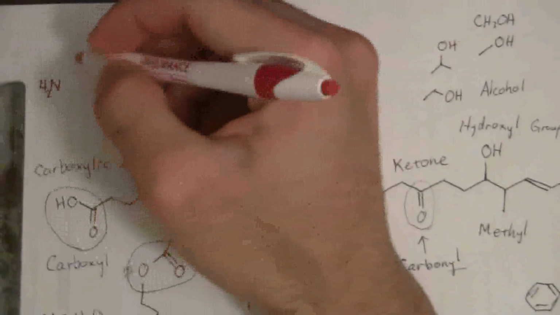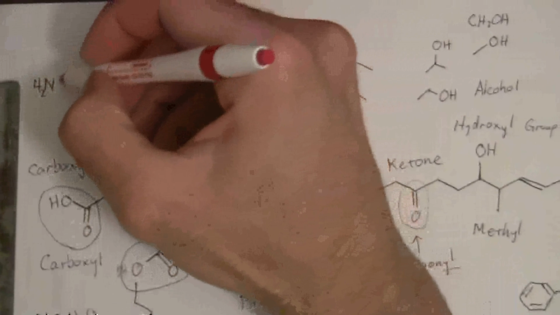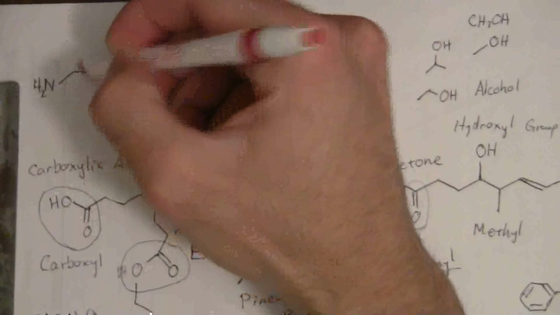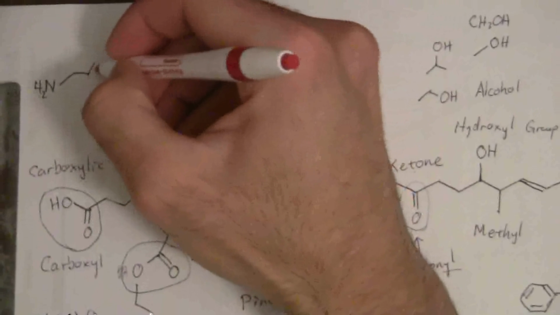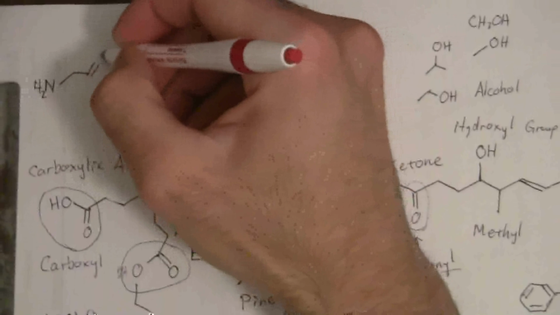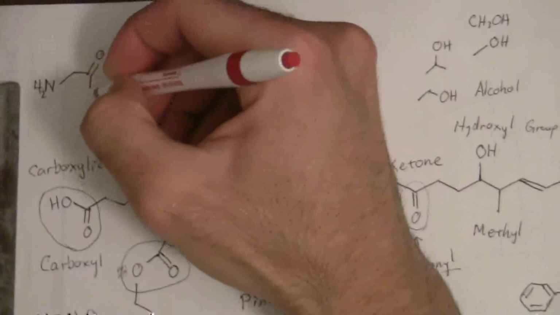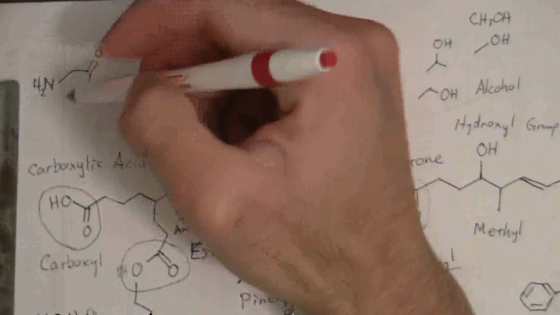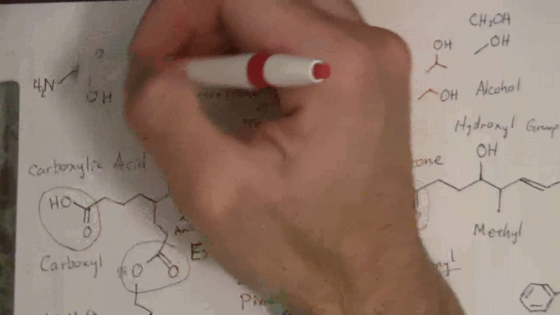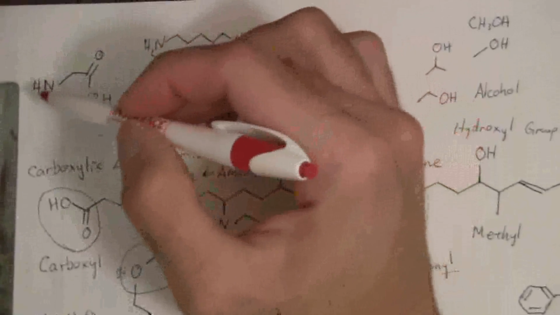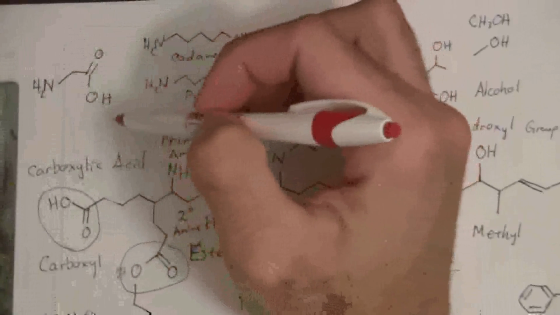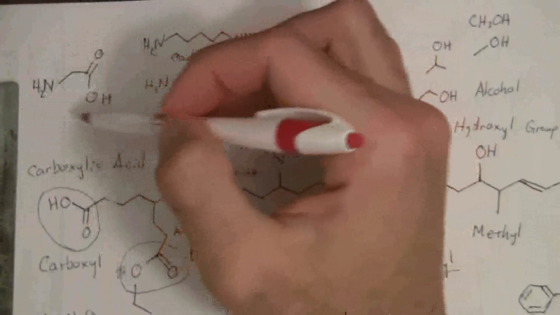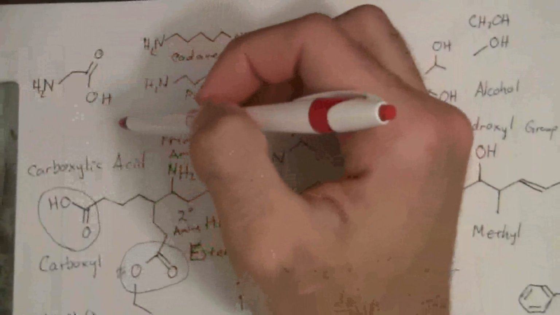There's the NH2, kind of looking backwards, and it is connected to a CH2, and then we have the carboxyl group. So we have the amino group, the carboxyl group, and that's why we call this an amino acid, because this is the carboxylic acid, and this is the amino acid.